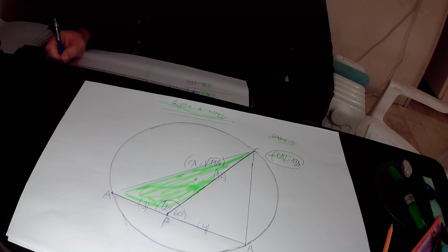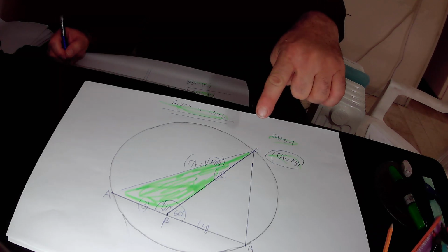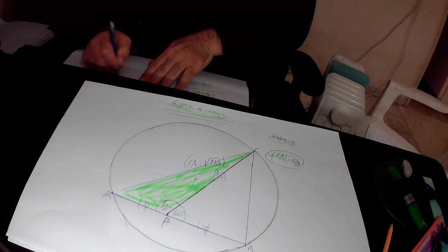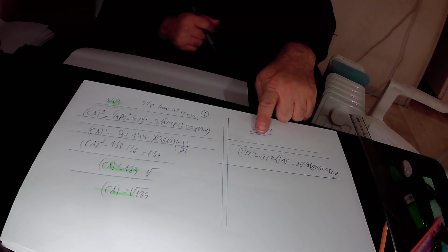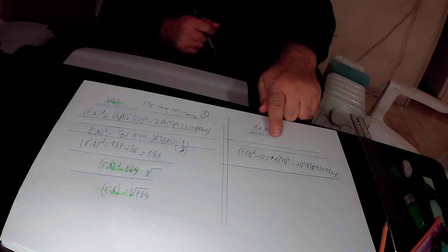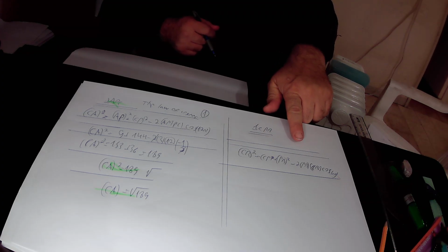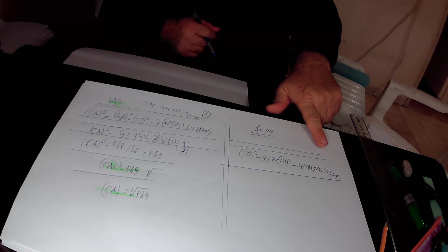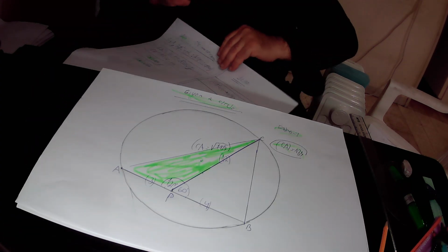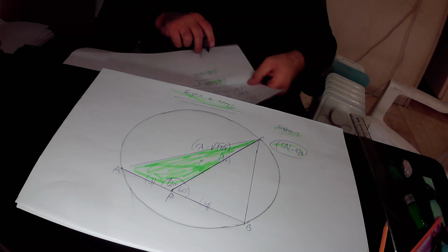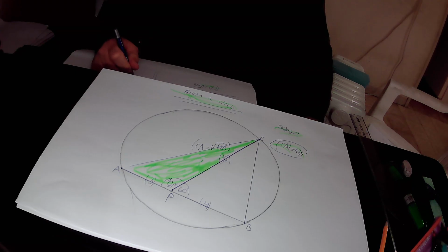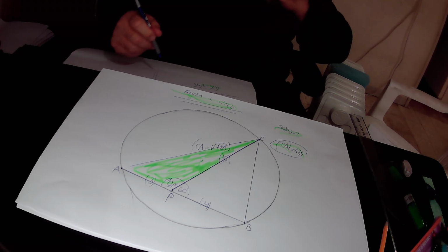Again, in this triangle CPB, according to the law of cosines, the following equation is true. CB squared equals CP squared plus PB squared minus 2 times PB times CB times cosine 60 degrees. CB is the missing side, so we leave it as it is. CB squared equals CP squared.